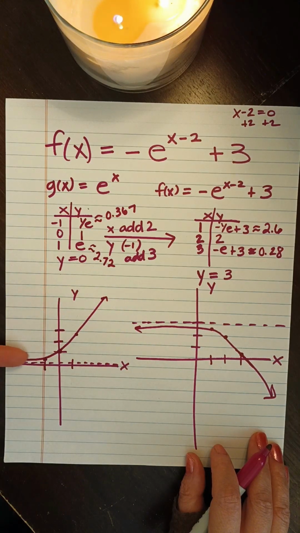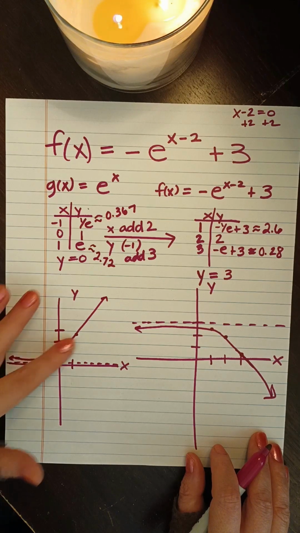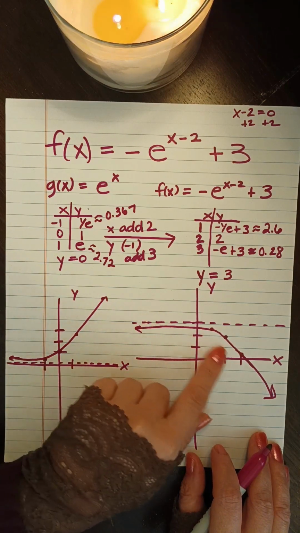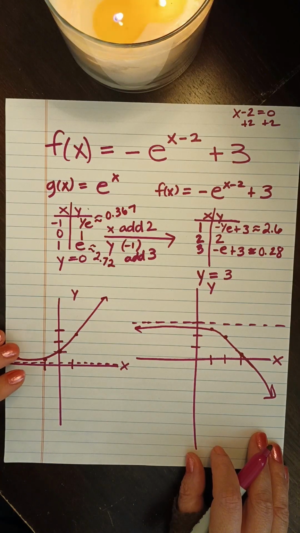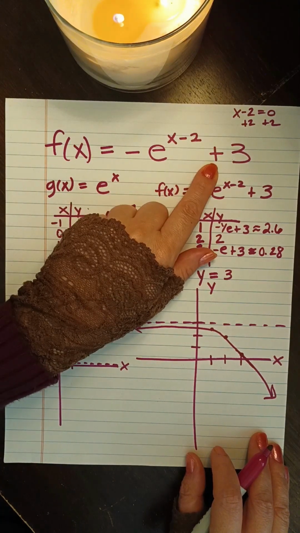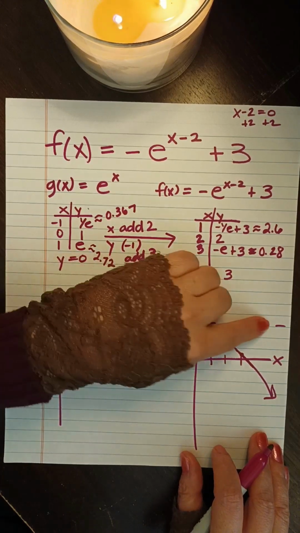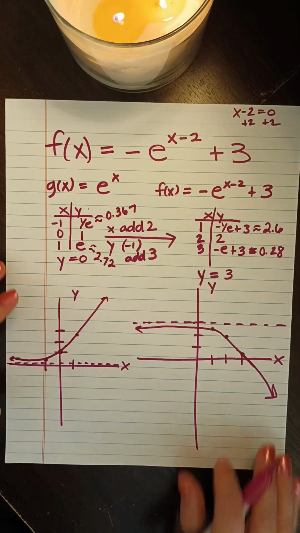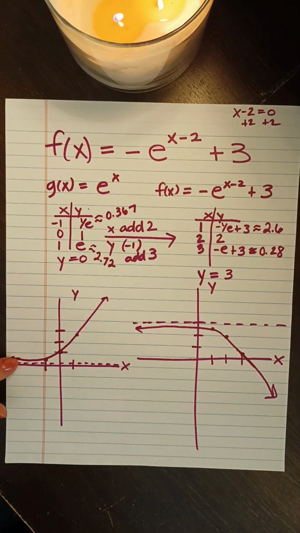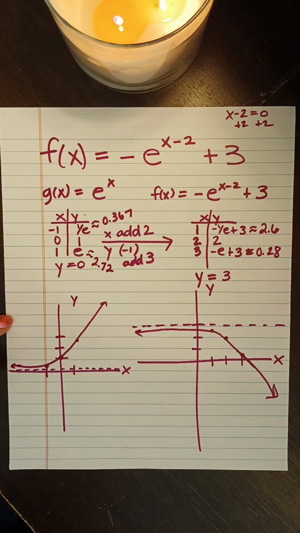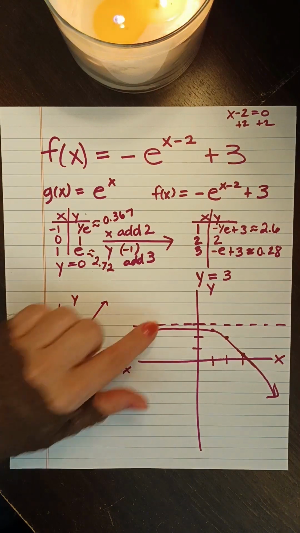This will be up here and this will be down here. And that's what happened, so you can see that reflection. And then you shifted everything up 3. So you flip it and then everything goes up 3. You can see that clearly from the horizontal asymptote, how it was right here and then it all went up 3 to here.